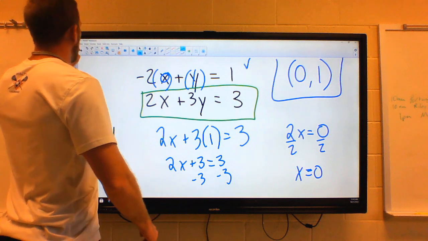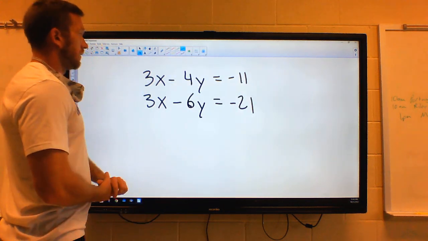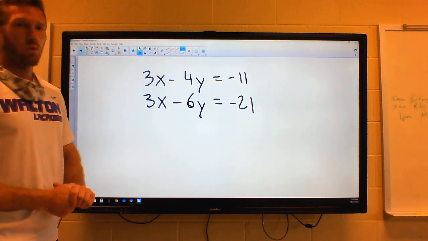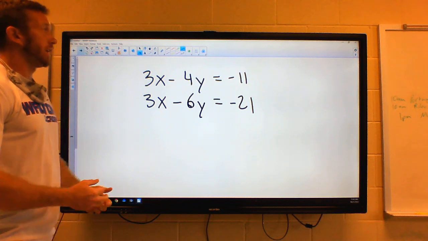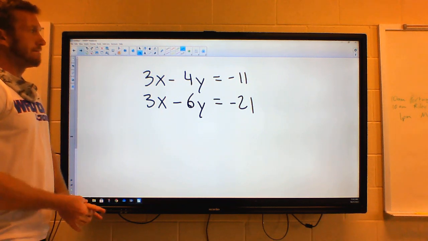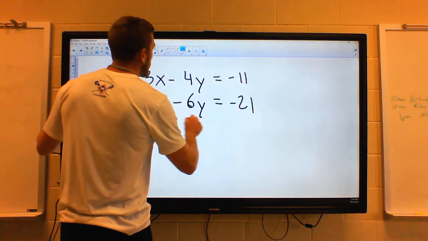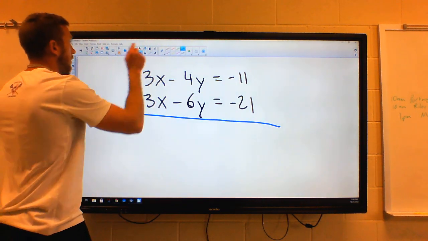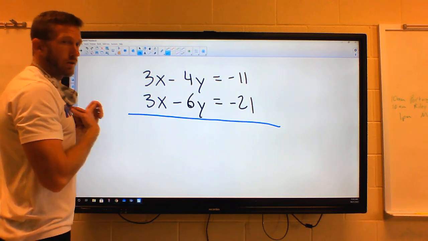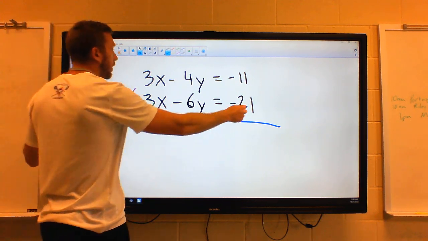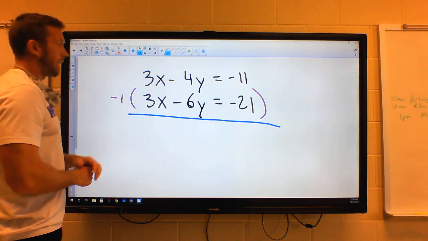Next problem. Okay? Do we have any equal but opposite coefficients here? No, we don't. We have equal coefficients, but not opposite coefficients. So, the step that I would do first is I would multiply every term on one of our equations by -1.